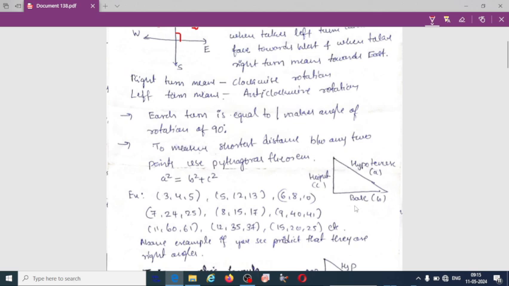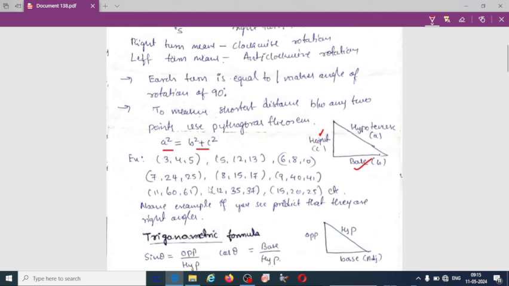Pythagoras theorem: for a triangle, the diagonal or the hypotenuse squared is equal to the sum of the squares of height and base. So we can write in general a square is equal to b square plus c square.